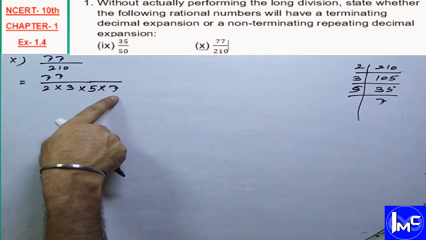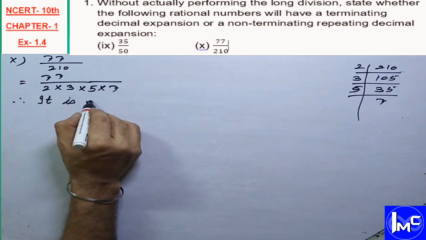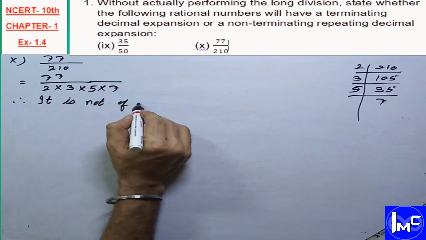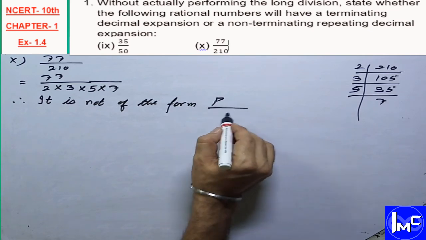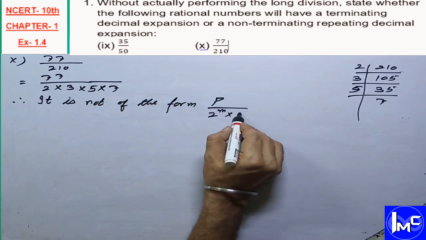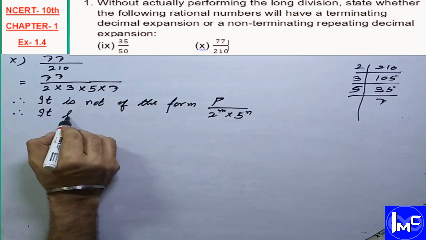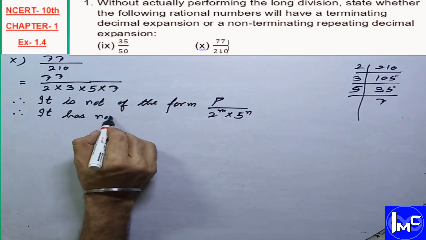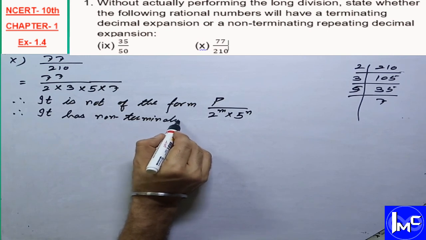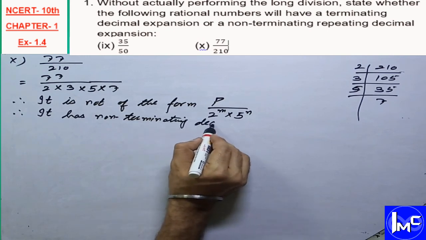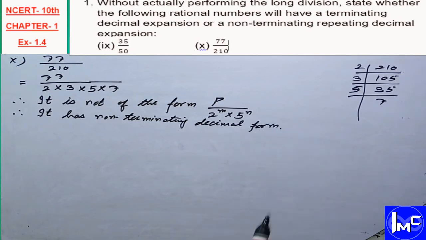We are getting 3 and 7 also. So it is not of the form p over 2 raised to power m 5 raised to power n. Therefore, it has non-terminating decimal form. Thank you.